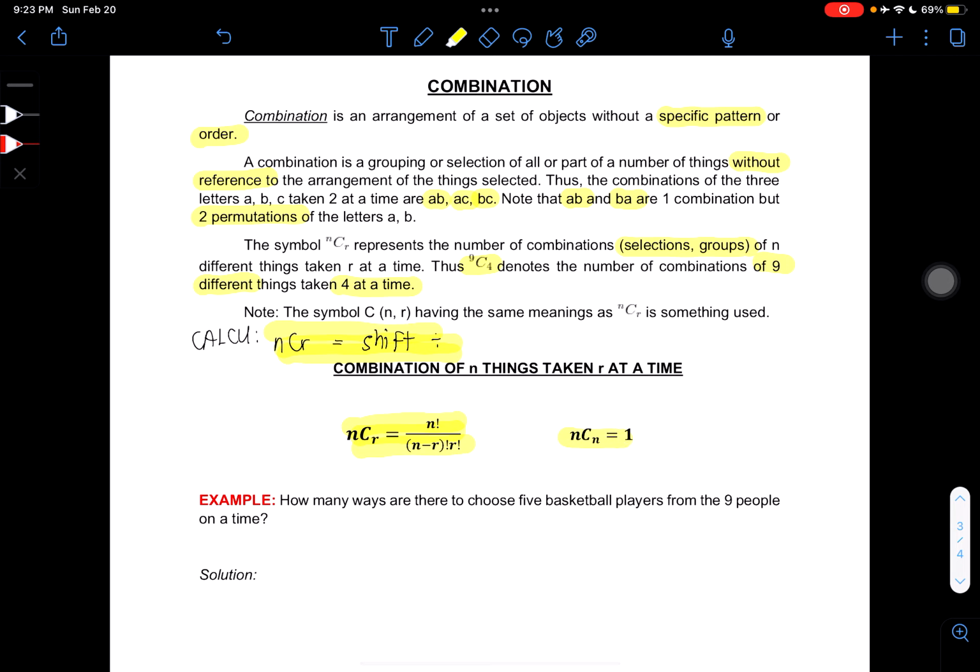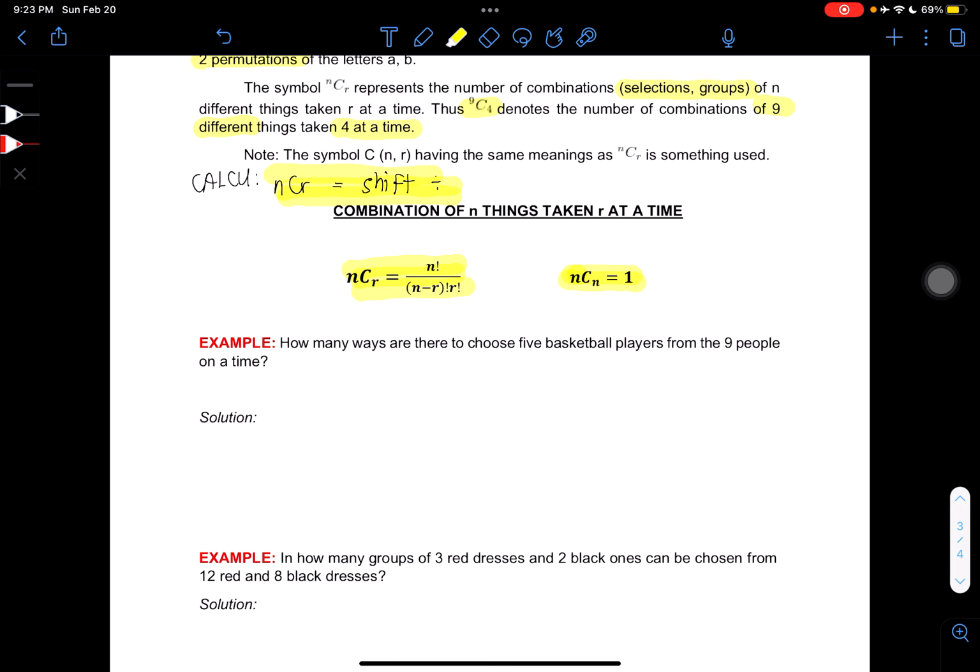So we have here: how many ways are there to choose 5 basketball players from the 9 people on the team? So take note of our problem. There is no specific pattern or order needed.